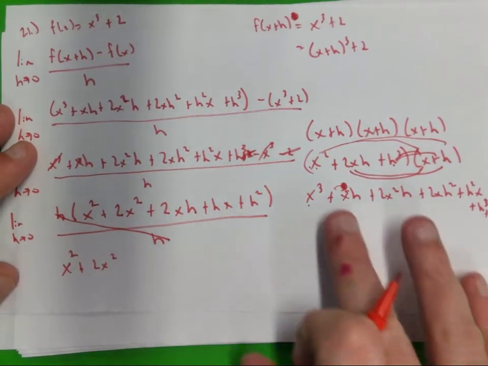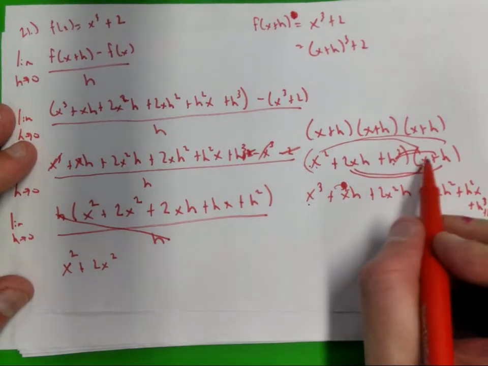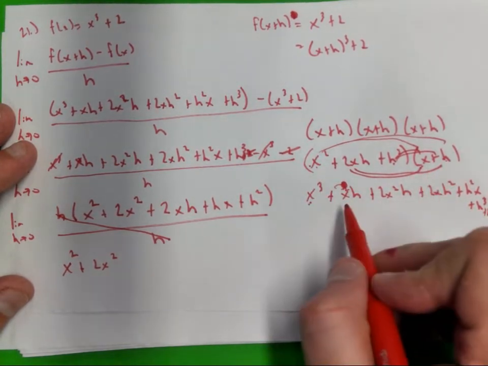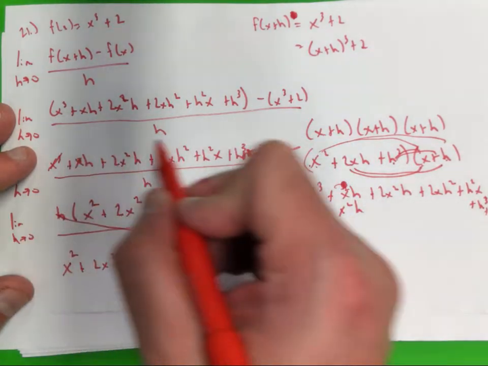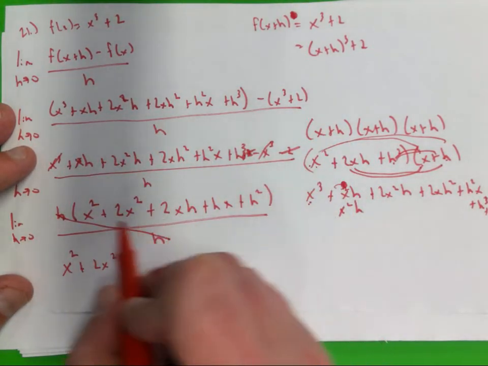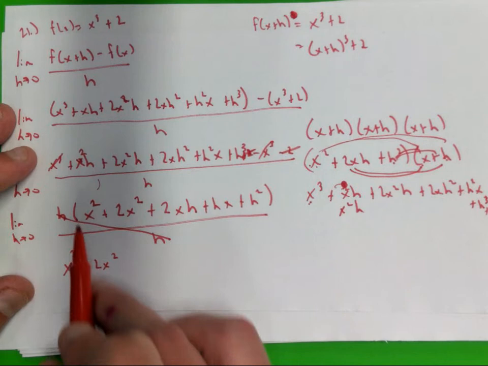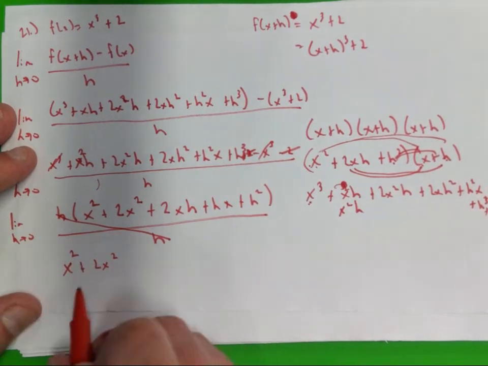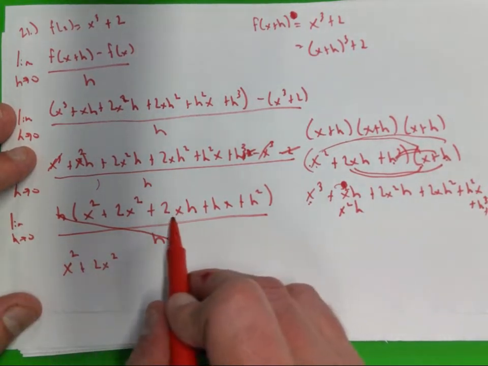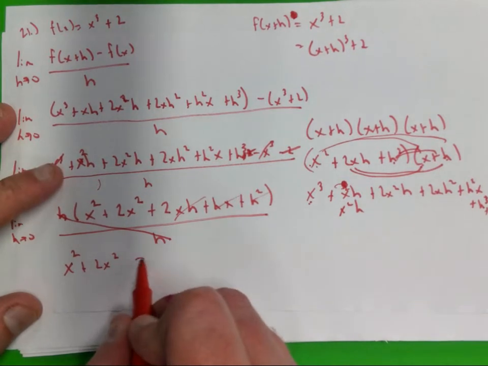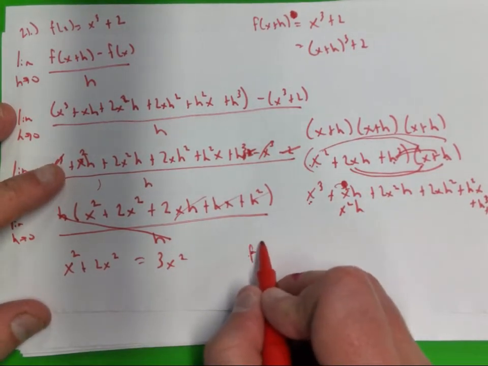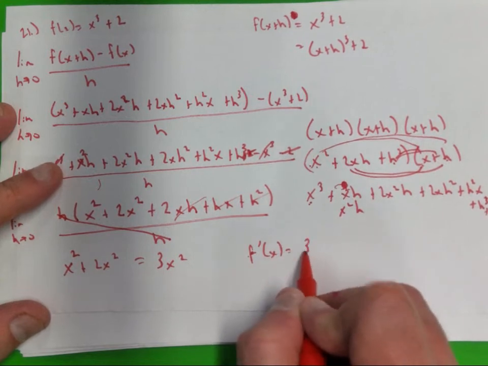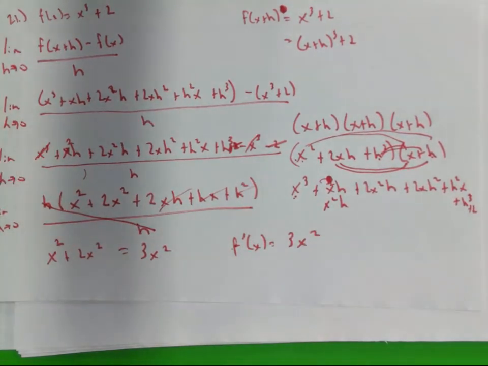Okay, there you go. I made a mistake right there. So right here should be x squared. So that would make that x. Okay, now that equals, because all this is gone, 0, 0, 0, that makes that 3x squared. So your derivative, f prime of x equals 3x squared. Sorry about that. Lesson, take your time there.